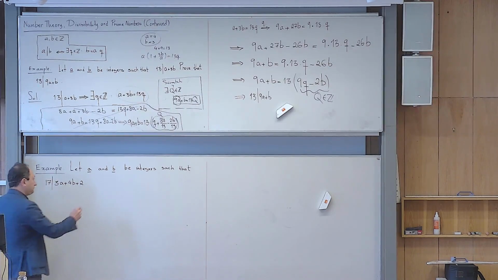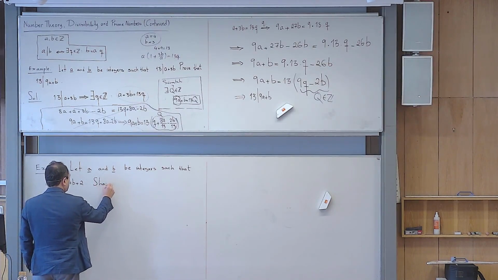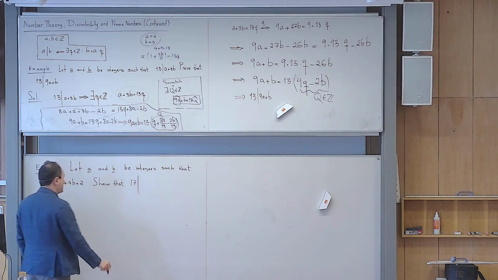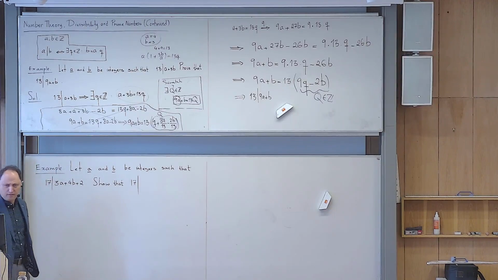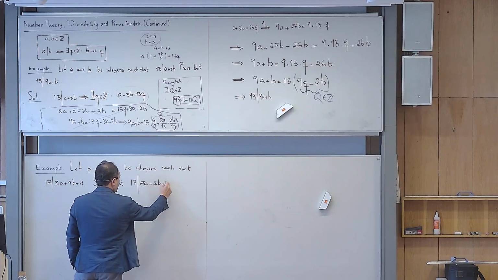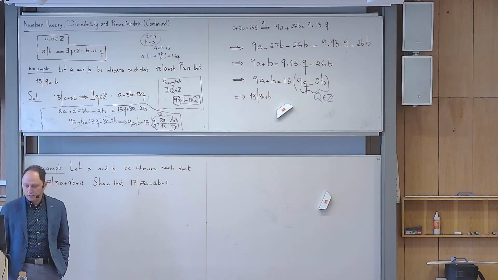I show that 17 also divides this combination, 7A minus 2B minus 1. So I want you to think about the problem.